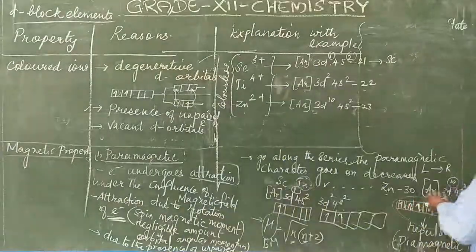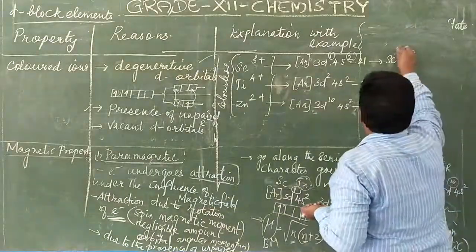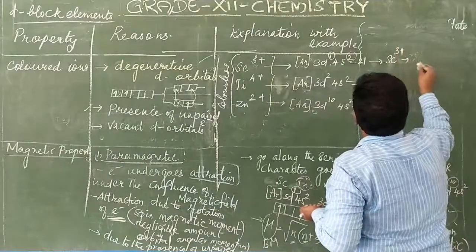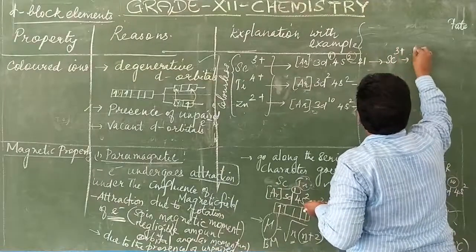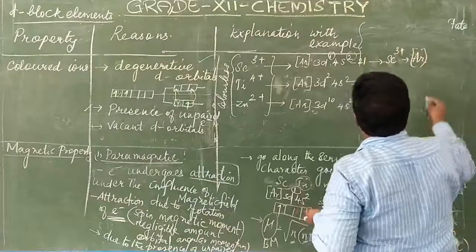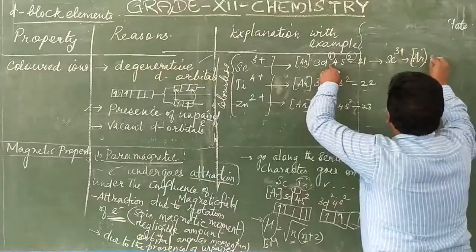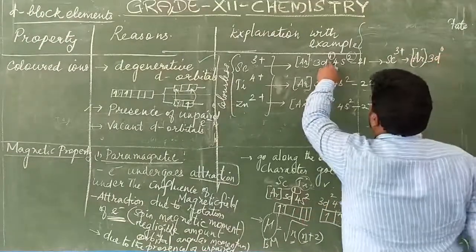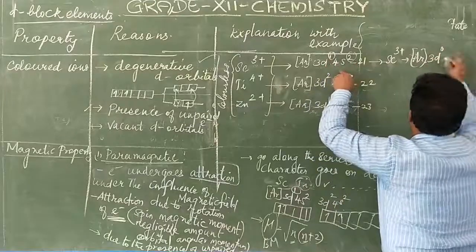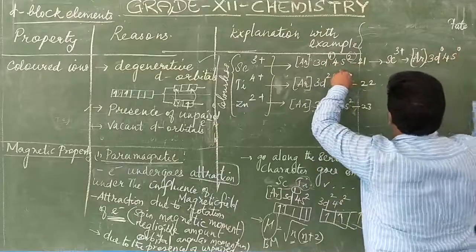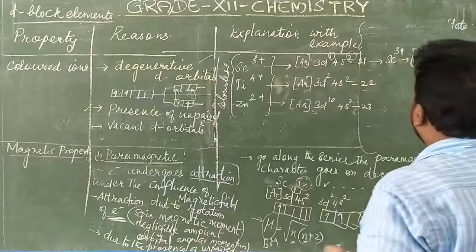Scandium becomes 3 plus oxidation state. What is its electronic configuration? The nearest noble gas configuration is argon.